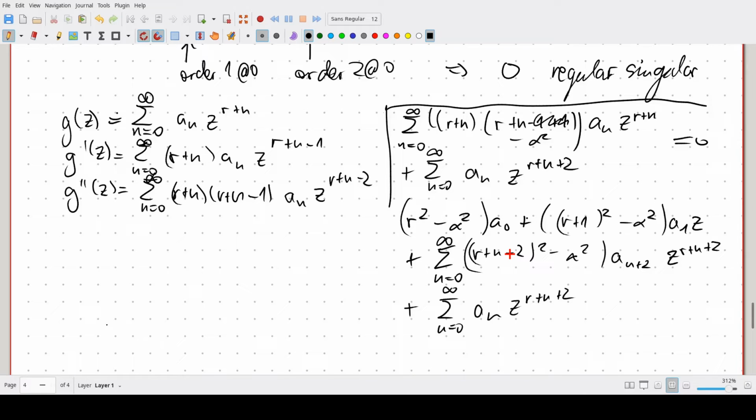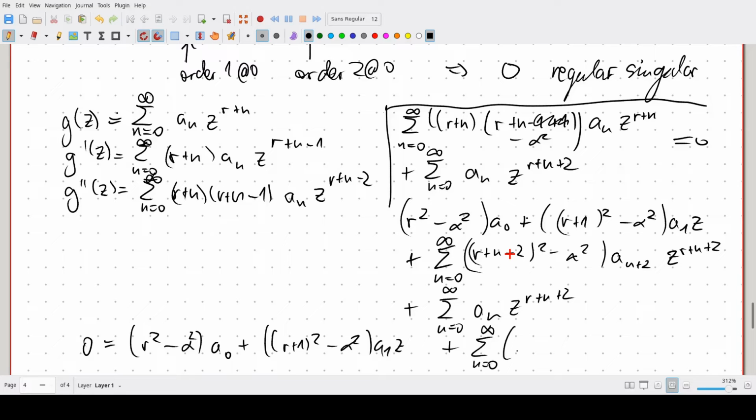In other words, 0 equals (r squared minus alpha squared) a naught plus ((r plus 1) squared minus alpha squared) a1 z plus the sum of (((r plus n plus 2) squared minus alpha squared) an plus 2 plus an) z to the r plus n plus 2.